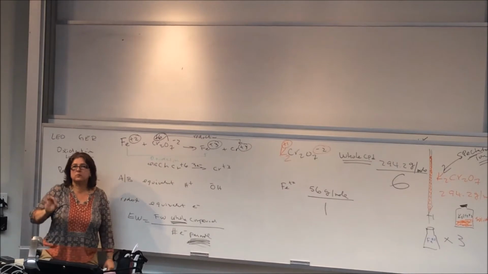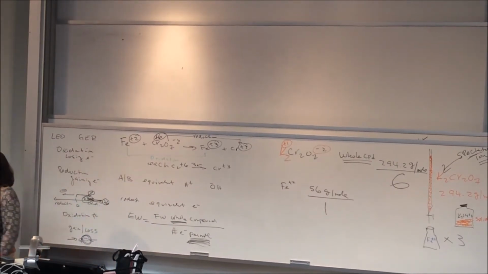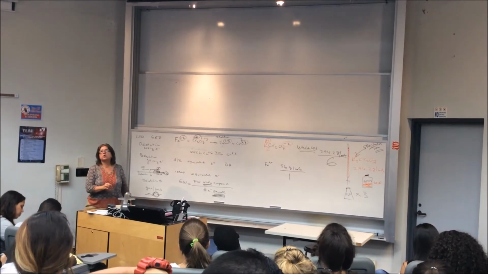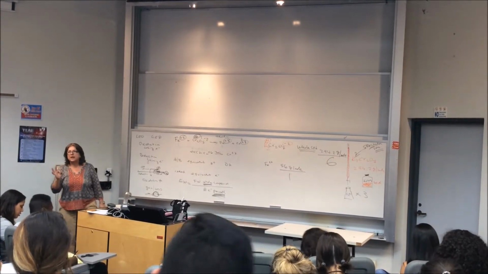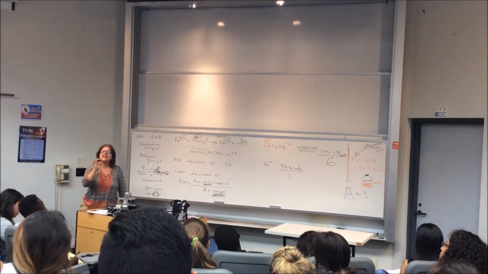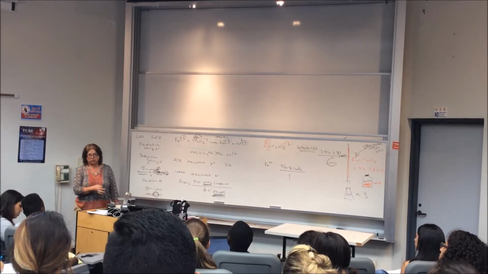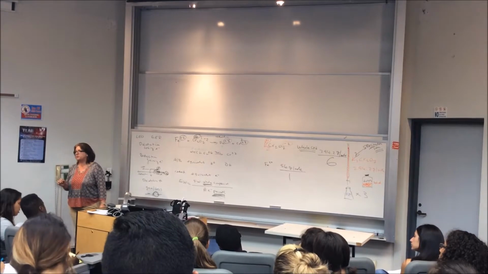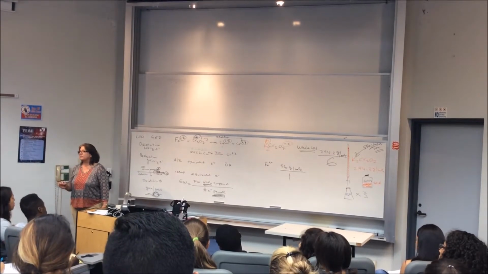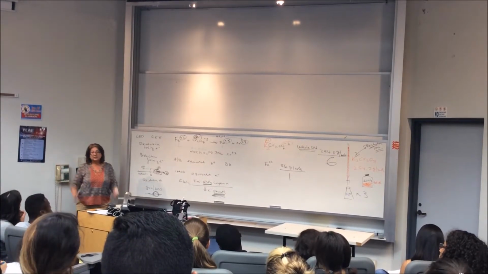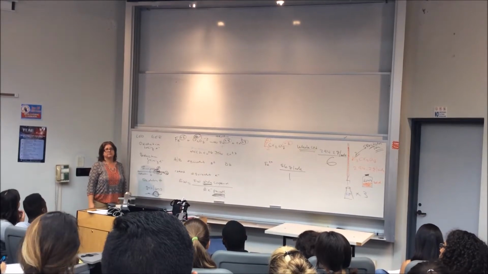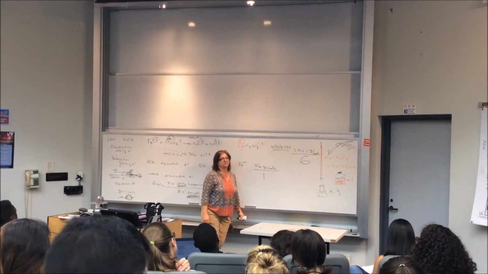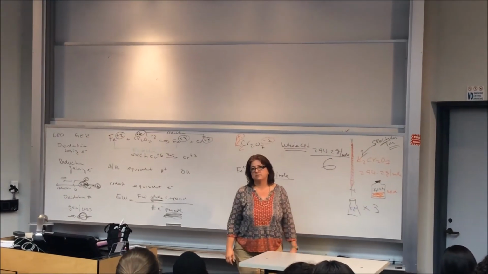How many chromiums are in dichromate? 2. Each chromium gained 3 electrons. So for the entire mole of dichromate, how many electrons were involved? 6. Because dichromate has 2 of them, making that little trip. And that is the equivalent weight in redox. We good?